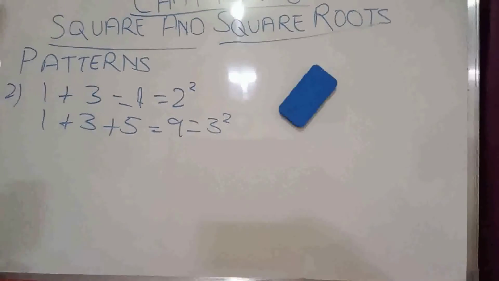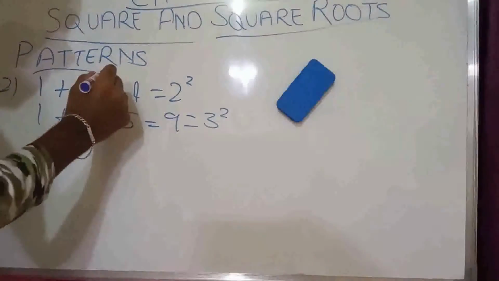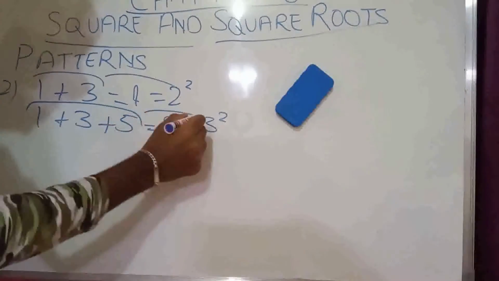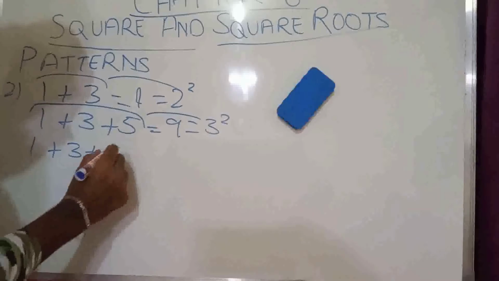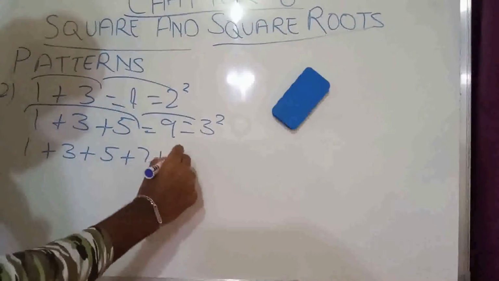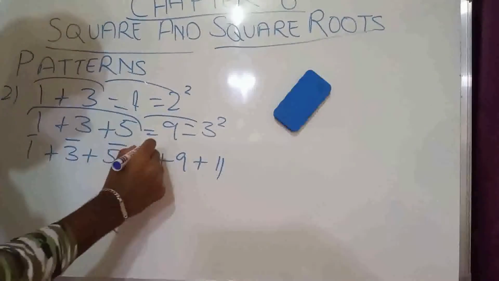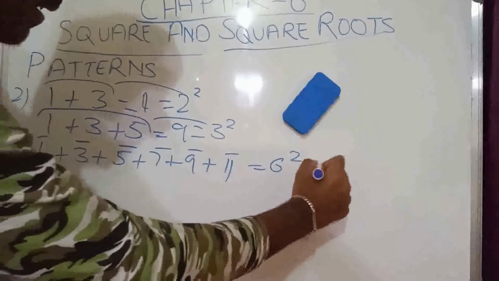And how can we find this? Here there are two numbers, so it will be 2 square. Here there are 3 numbers, so it will be 3 square. Now if they give 1 plus 3 plus 5 plus 7 plus 9 plus 11, there is 1, 2, 3, 4, 5, 6, so it will be 6 square, that is 36.